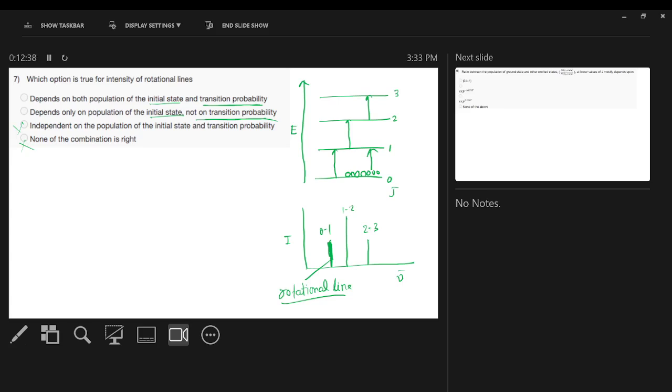Now, whether it will depend on transition probability or not. Let's say we have two energy levels, 1 and 2. The transition probability depends on the square of the transition dipole moment integral, which we can write as the integral of psi 2 star, mu, psi 1, d tau.